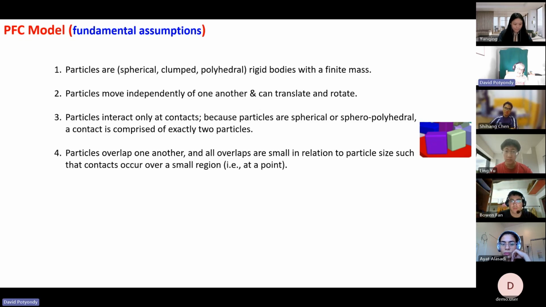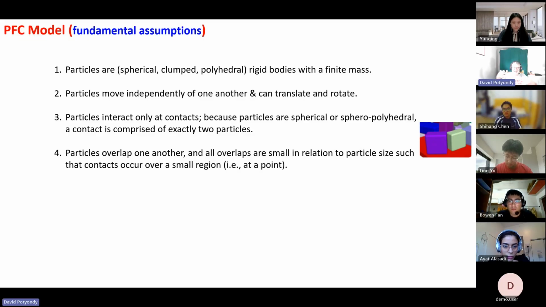This uses a soft contact approach, right? Which means these particles overlap. And the secondary assumption here is that that overlap is relatively small relative to the size of the particle. And we're going to say that that overlap is actually negligible because we're going to have a single point in 3D space where the contact lives.